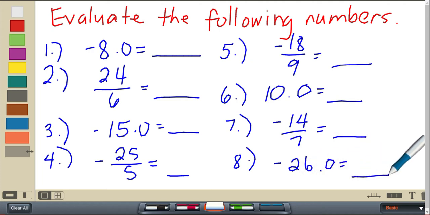Okay, so we're going to answer now. I'll give you a minute or so to copy or give the answers for these numbers. So go ahead, I'll give you a minute.